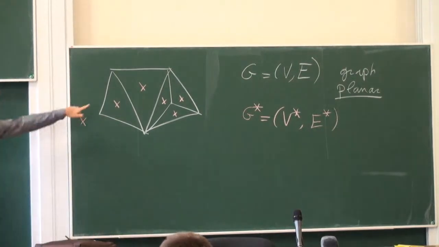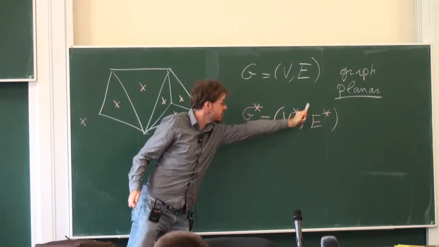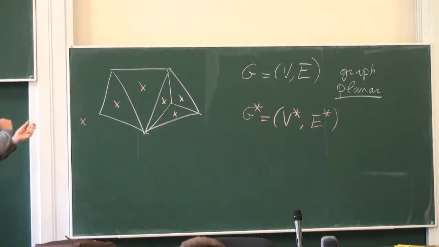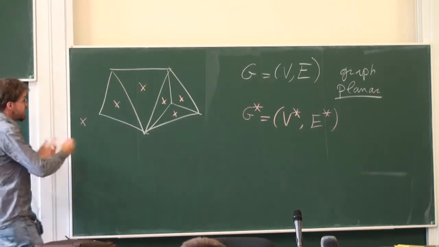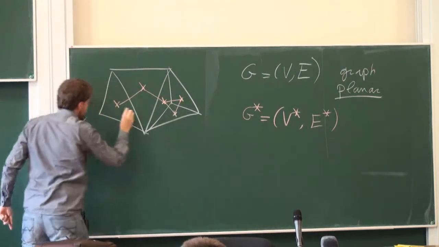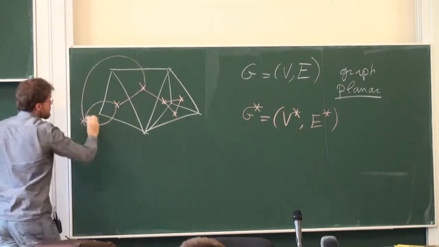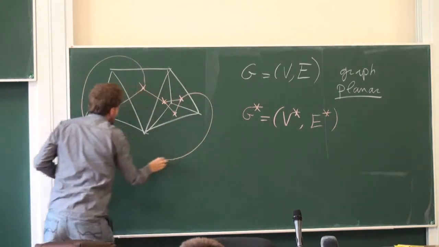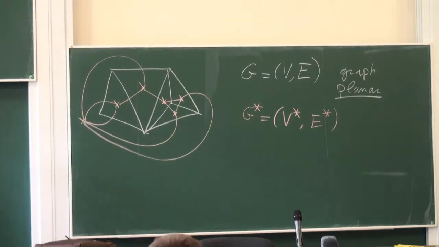The bonds of G star, the dual bonds in E star, will connect vertices corresponding to faces sharing an edge of G. So the edges of G star will be something like that. I made an example with a small graph, and that makes a lot of multiple edges on the outside, but that's the picture you get.